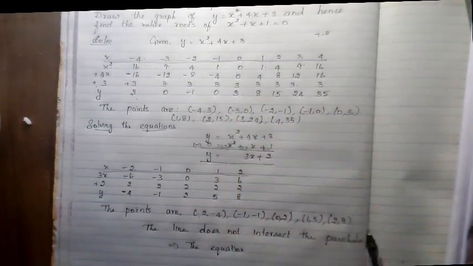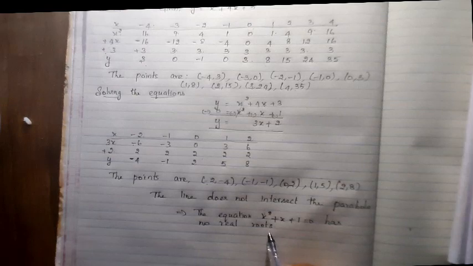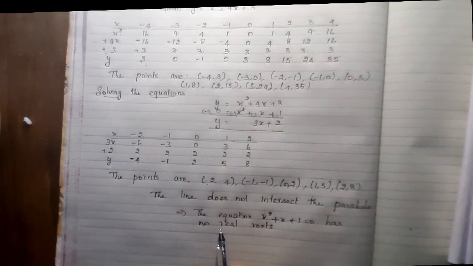Find the roots of this equation. So this equation, x square plus x plus 1 equal to 0, has no real roots. Anyway, it's a quadratic equation, so it will have some roots. It will be imaginary roots. So we have to write no real roots. It's important. There are no real roots.